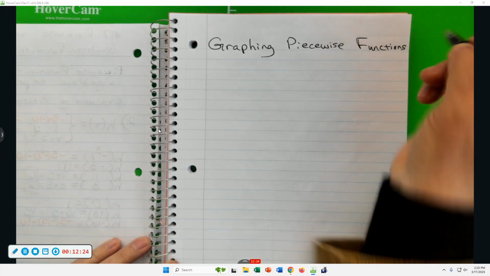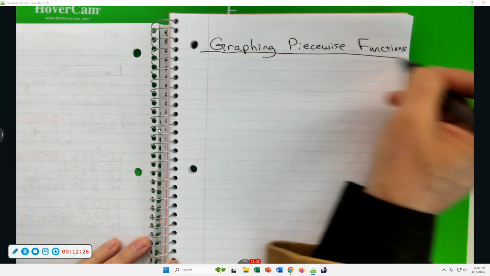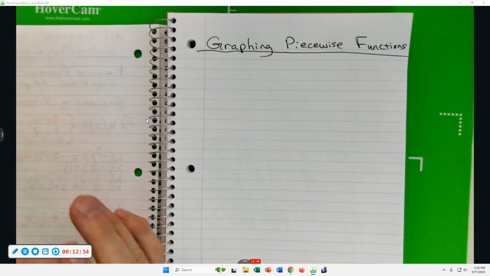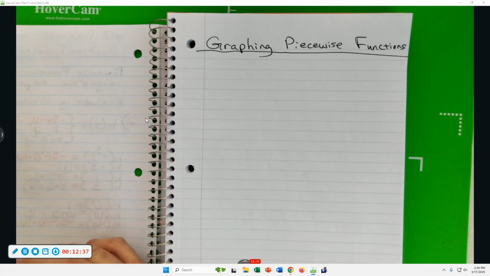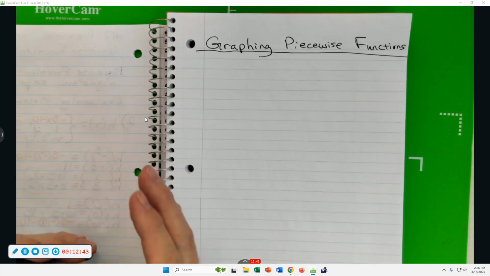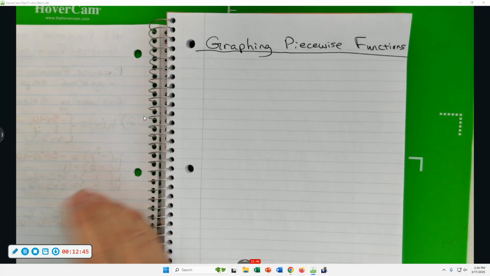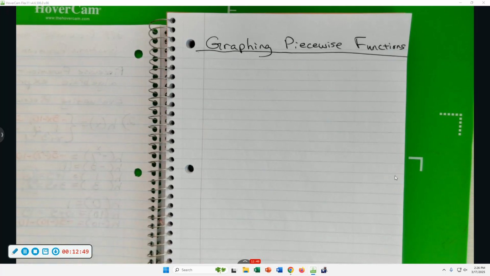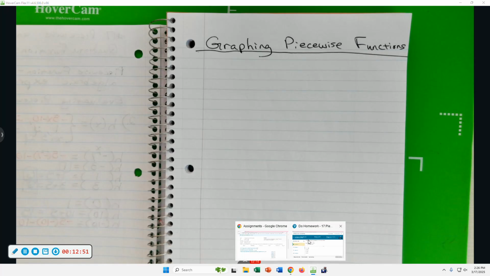To graph piecewise functions, we're just going to plot points until we see the path that the function is taking. But we're not just going to start randomly choosing x values and plugging them in. We're going to intelligently plot points. We're going to choose the x values we're using intelligently. You'll see what I mean.